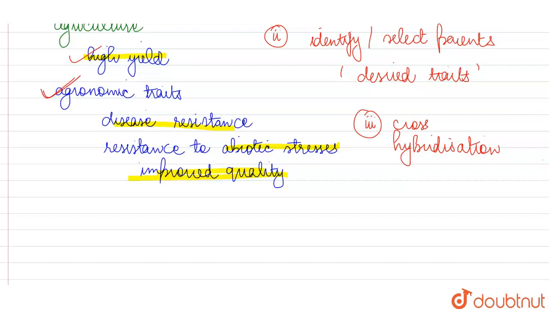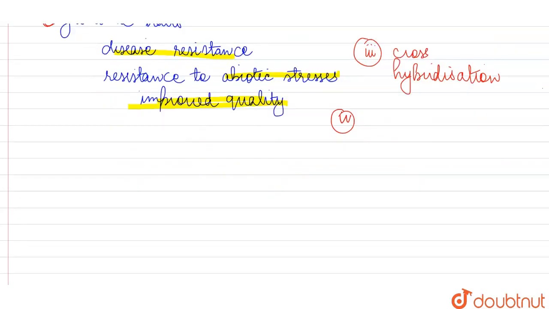So we are going to carry out cross hybridization between the desirable parents, and after carrying out such a breeding program, from among the different progeny that we are able to obtain, because obviously in sexually reproducing organisms we cannot produce clones, or we cannot produce genetically or morphologically exactly the kind of organism that we want.